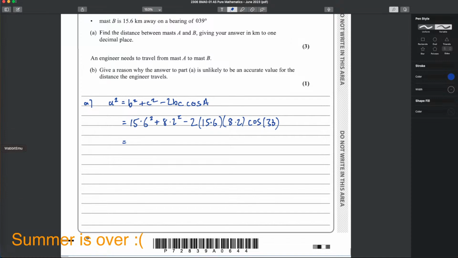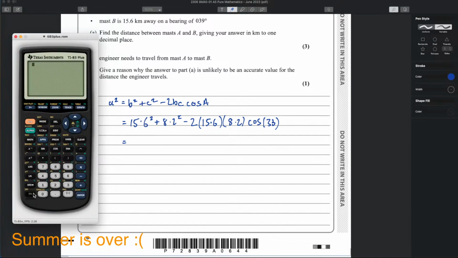Okay, so let's plug this into a calculator then, I suppose. 15.6, or let's make sure it's on degrees because the question is in degrees. 15.6 squared plus 8.2 squared, take 2 times 15.6 times 8.2 times cosine of 33. 96.034.